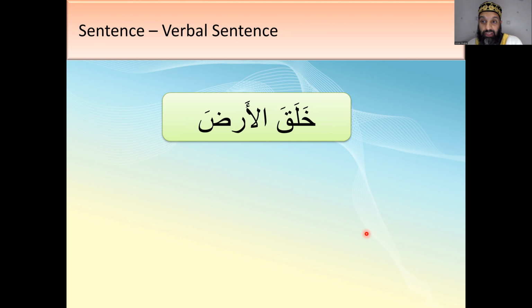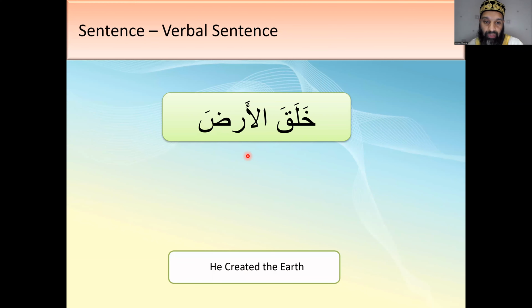Who heard a car? Sayyarata, you don't know. It's just somebody, right? The sentence doesn't tell you. Over here, these two words don't tell you who's doing the creating because the marfu is not there, right? But we know he created and the earth was created because the earth is mansub, right? So he created the earth, right? The sentence there just translates as he created the earth because there's no doer mentioned. So the doer is not specifically mentioned there, right?